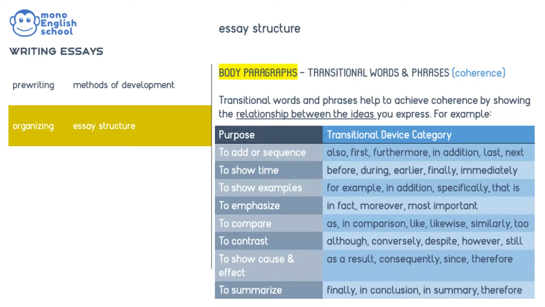You can use transitions to show time, such as before and during. And other transitions are used to show examples, to emphasize, to compare, to contrast, to show cause and effect, and to summarize.